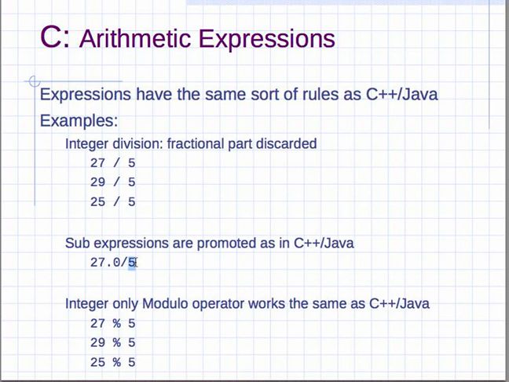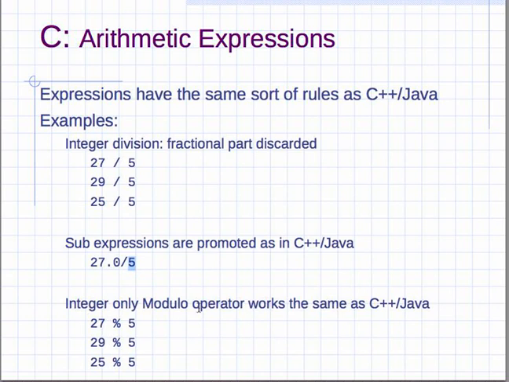And then we do that division, 27 divided by 5.0, which will be done by a part of the hardware in the CPU called the floating point arithmetic logic unit. It takes 2 floating point numbers as arguments and computes one floating point result. In this case, it'll be 5 point something. I don't know off the top of my head, but it won't just be 5. This will give you 5 point whatever.